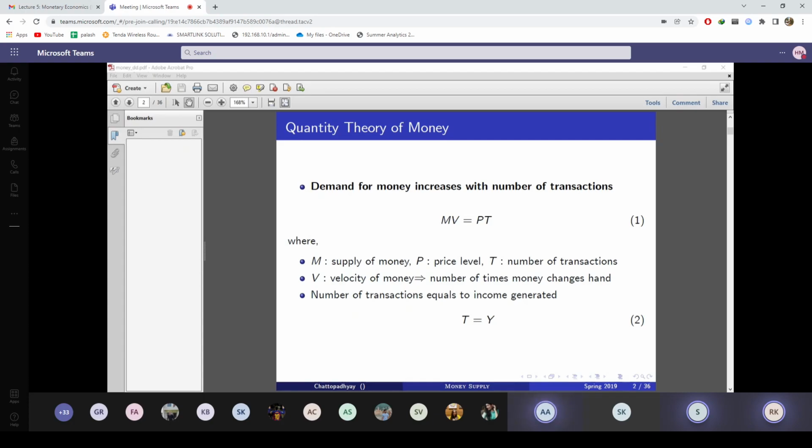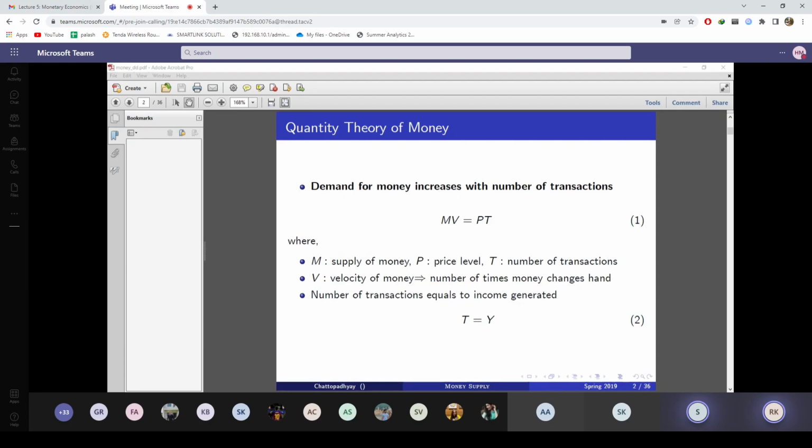Now let's say Sneha got this 50 rupees and has given it to Sachi to get a book. So that 50 rupees transferred to Sachi, that is Sachi's income, with the second transaction through the book. So two transactions, two incomes get generated.